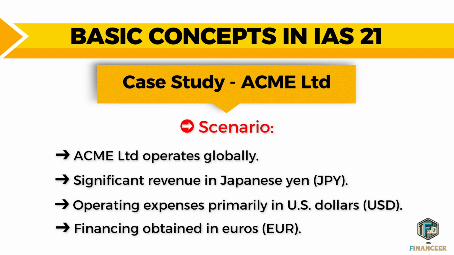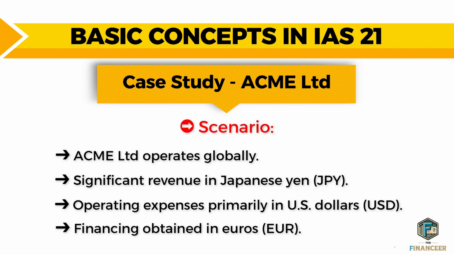Then the third factor to consider is the analysis of the cash flow pattern. If the cash inflows, which are collections, are mostly in JPY and the outflow payments in US dollar, then check which has more influence on the day-to-day operations. Number 4, consider the financing currency, which in this case is euro.